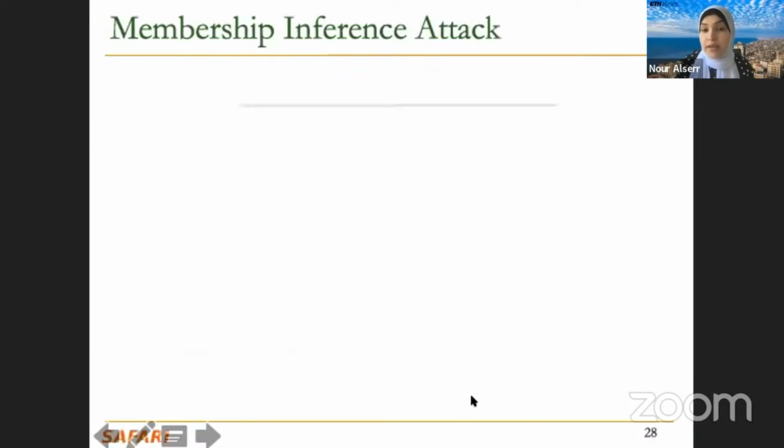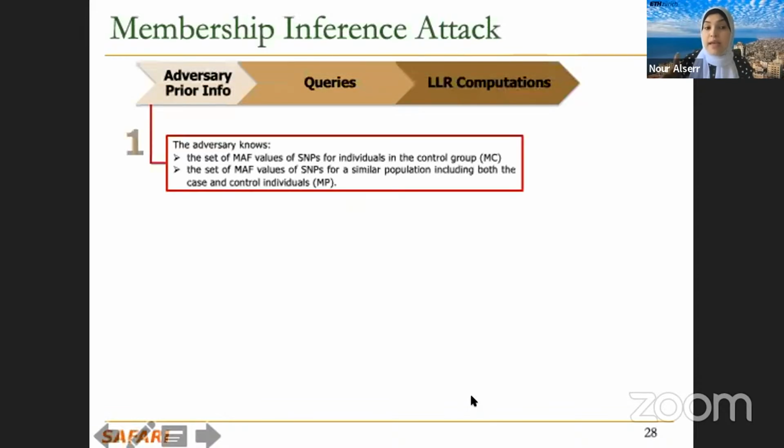Now, how can we do it in more detail? Again, the adversary here could know the MAF for the control. It can be released with the dataset. Also, he could know the MAF for the whole population, the whole city or so. He will query the MAF for the dataset including both cases and controls.